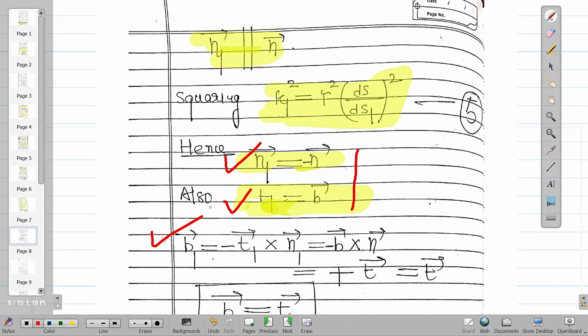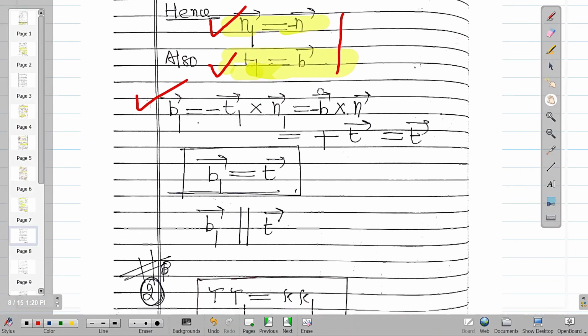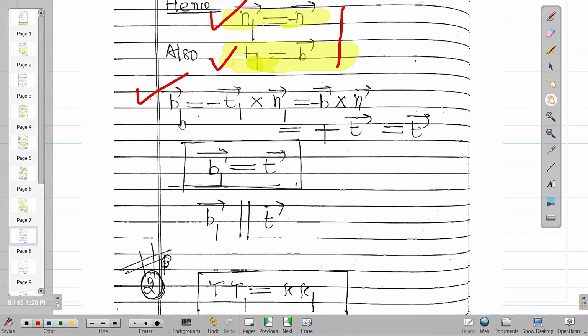So how can we find the value of b1? We can find it from these two equations. We know that this b1 vector can be written as minus t1 cross n1 vector. So we can write it in this form: minus t1 cross n.